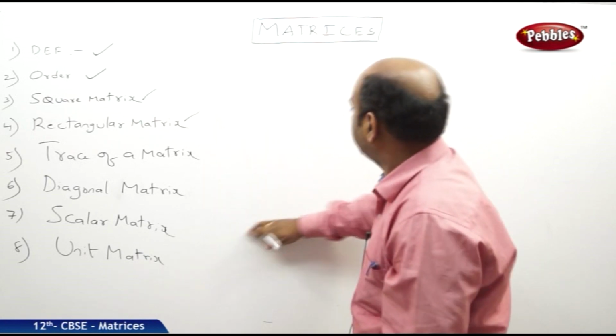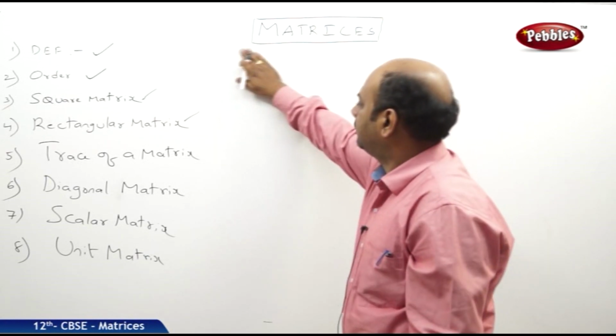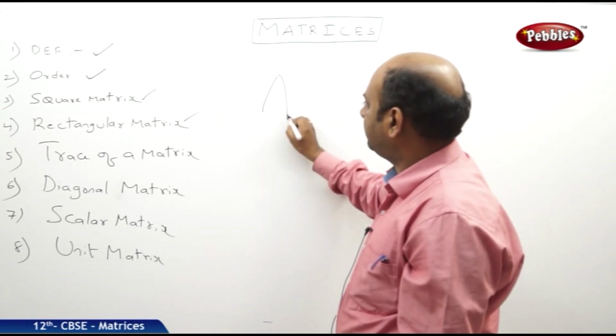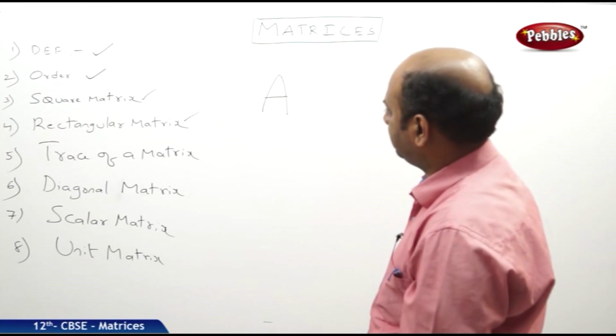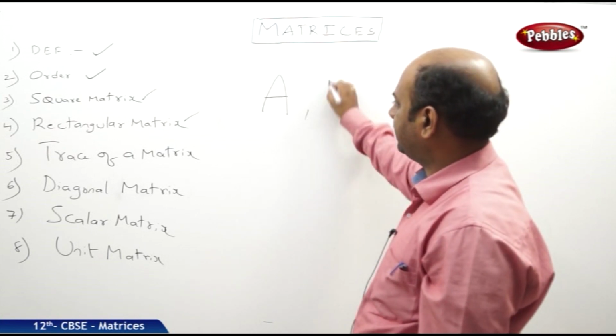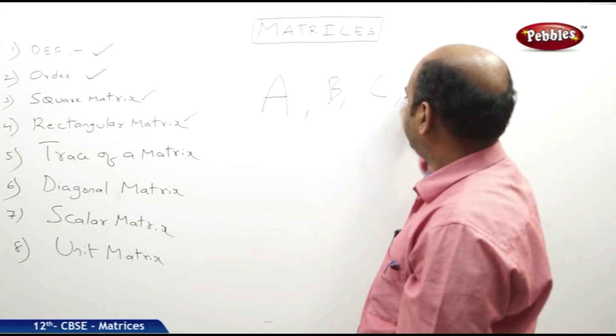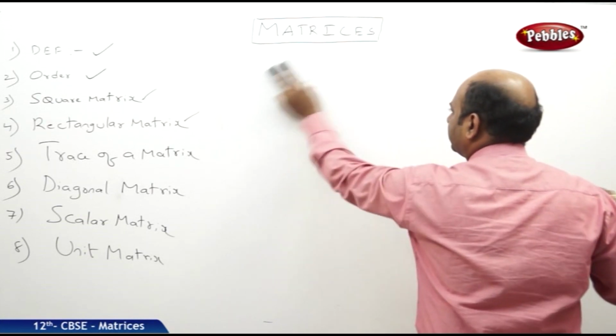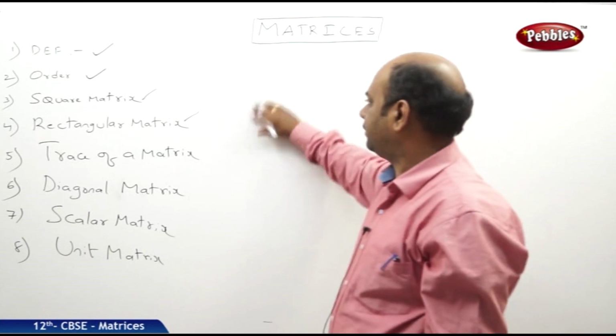Before teaching the trace of a matrix, I would like to tell a small concept. Matrices are generally denoted by capital letters like capital A, capital B, capital C, capital D. So I go by an example. Later I will give the definition.